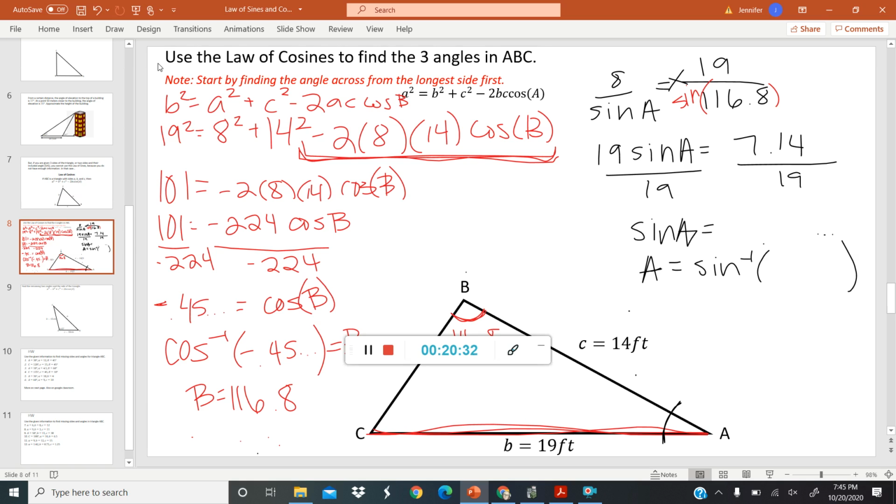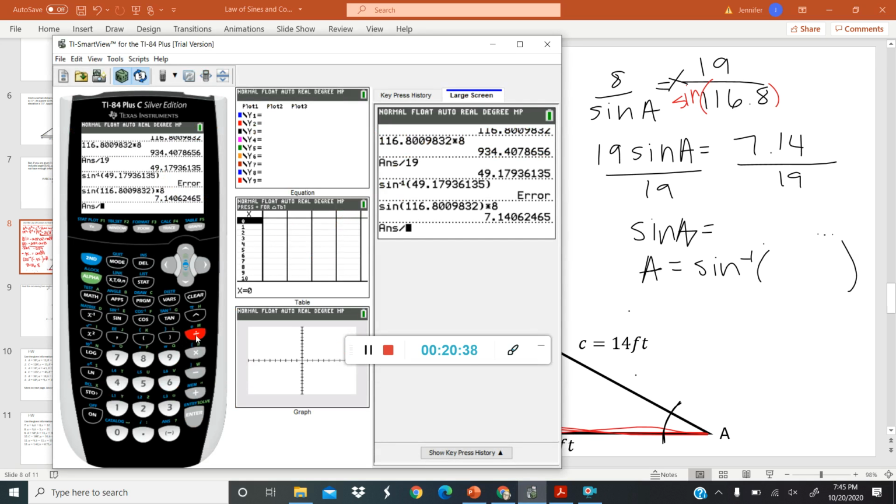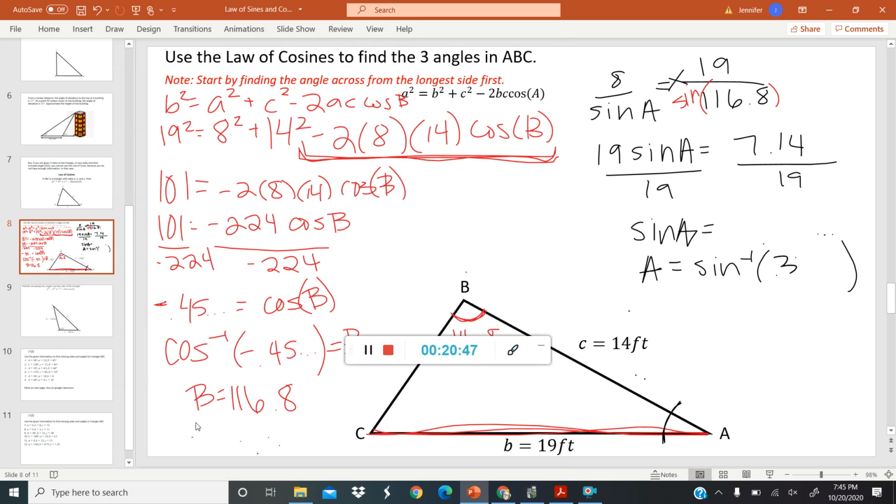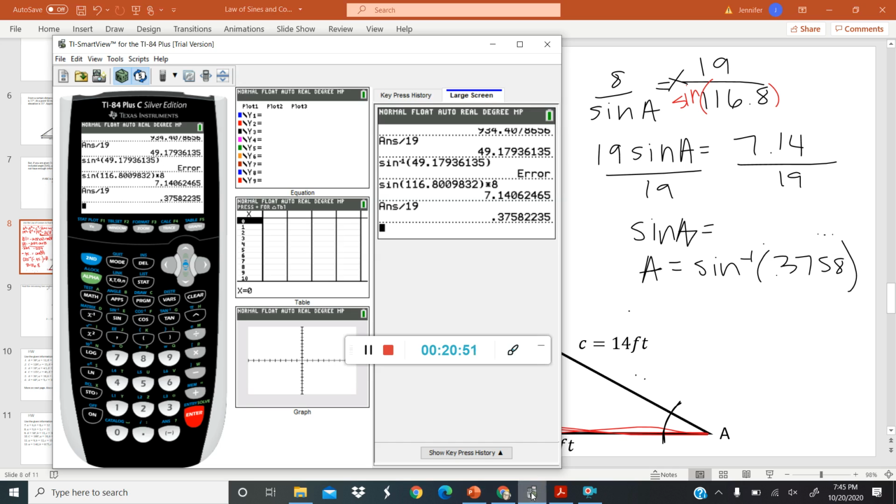And then that would be divided by 19. So divided by 19 is going to give us 0.3758. And that looks like a more reasonable number to get an inverse sine for.